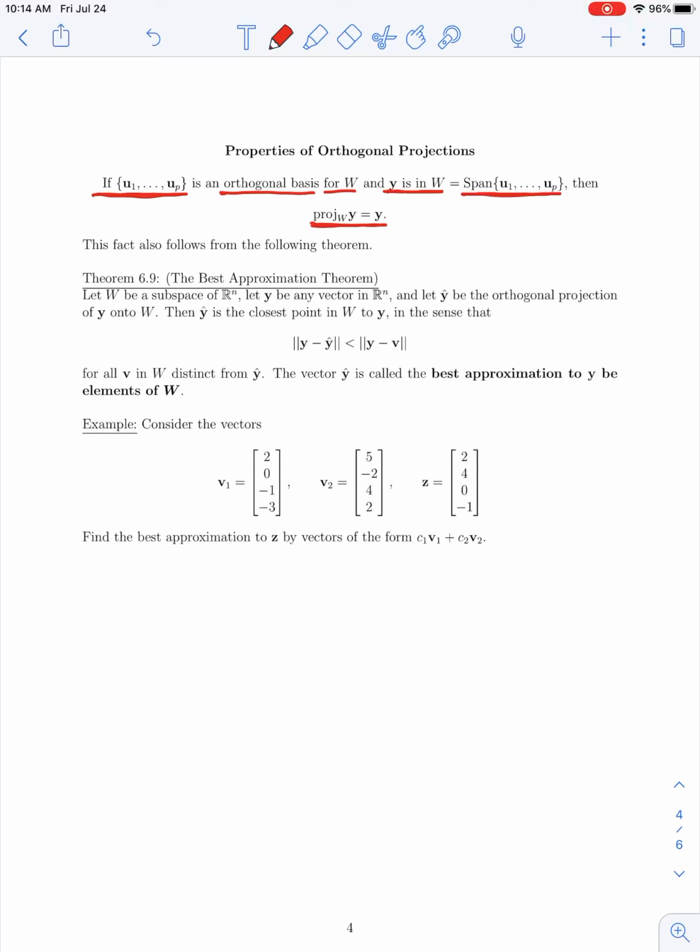Theorem 6.9 is called the best approximation theorem, which says the following.